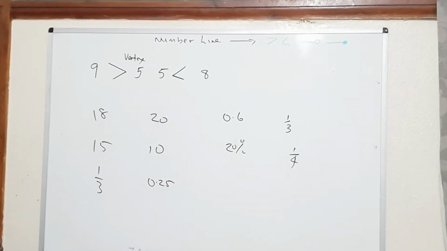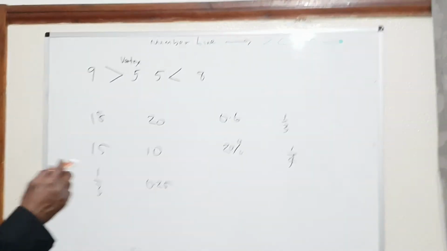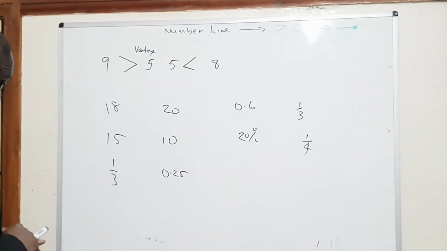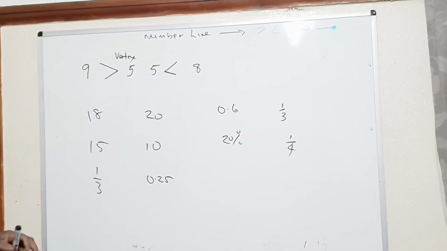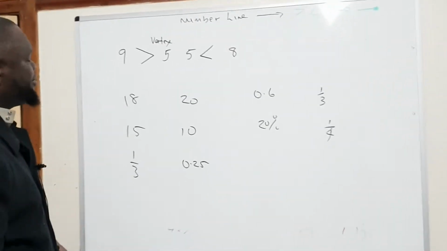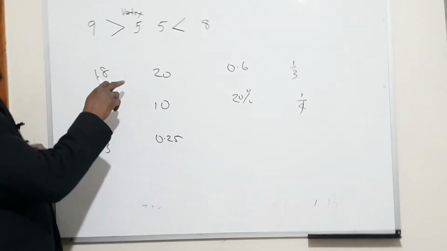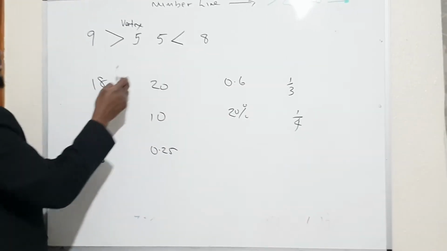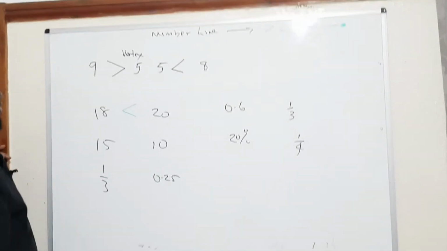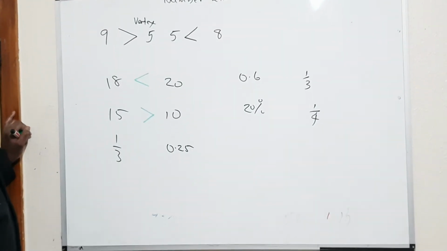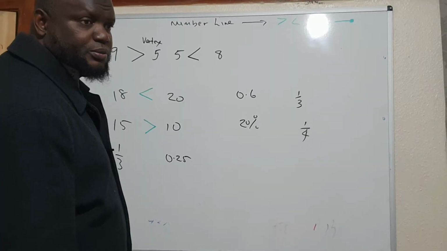I know we have not done percentages and fractions yet. Now, where do we put our greater than or less than? On the bigger number, so the open mouth. Here, this is the bigger number, so the mouth will point to that one. In this one, 15 is the bigger number. 0.25, you can either put them in fractions.